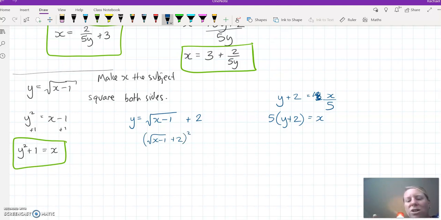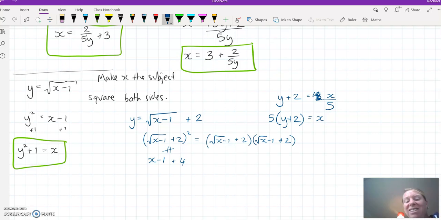It would not become x minus 1 plus 4, with 4 being 2 squared, because that is not the same. They are not equal. You end up with that times that, wouldn't you? Which is a little bit yuck and a little bit complicated.